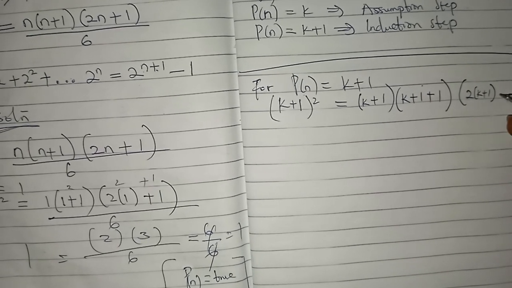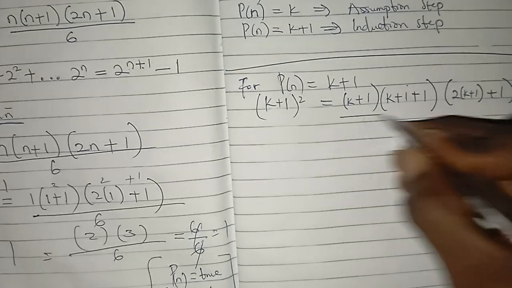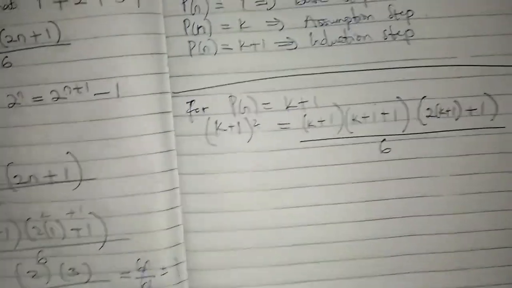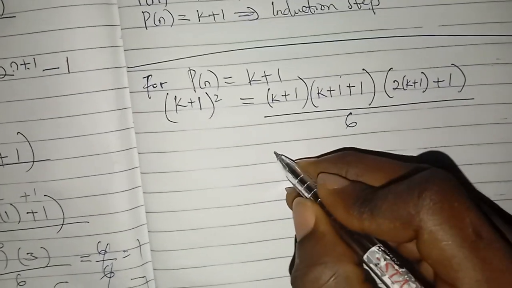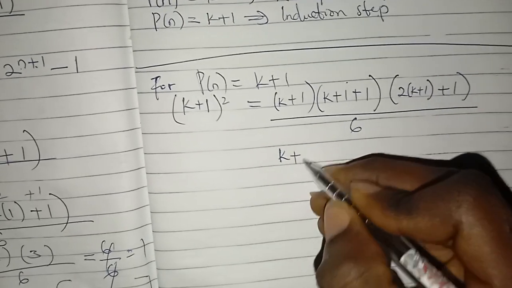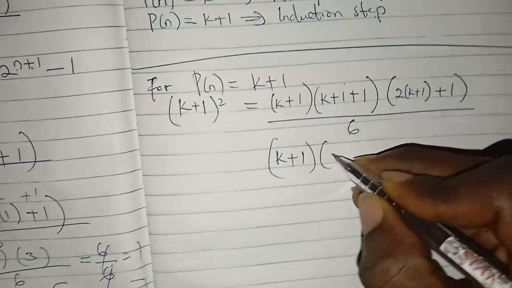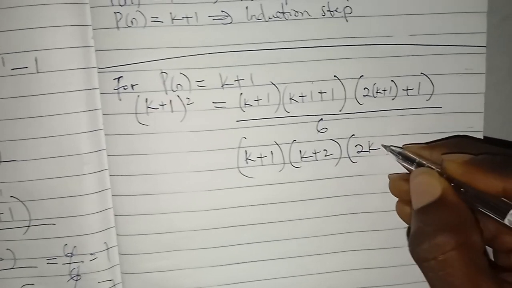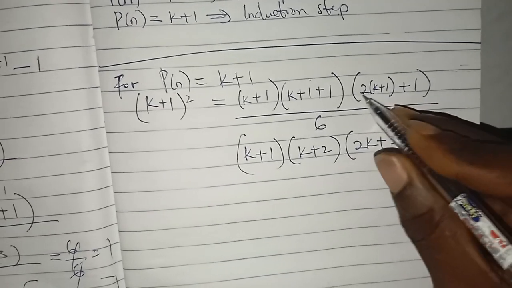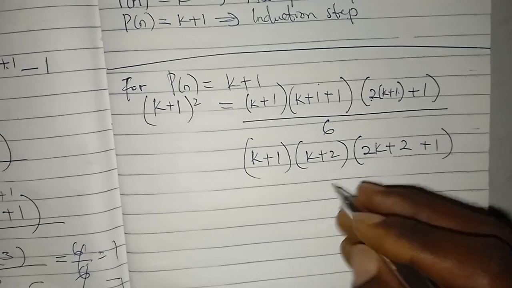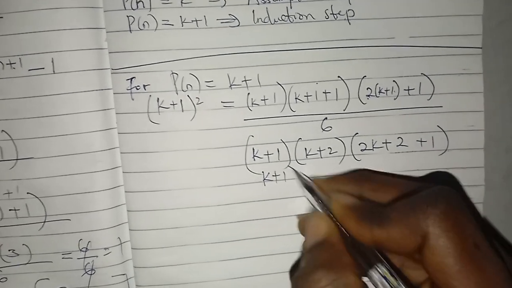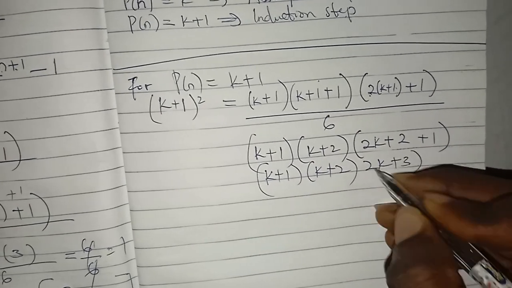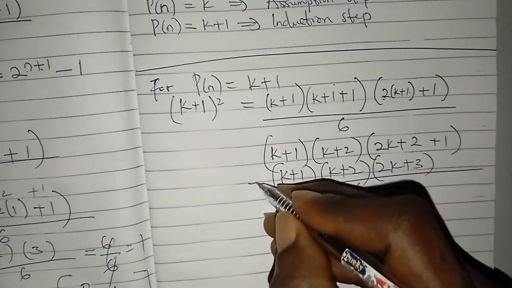You need to be cautious when you have something like this. So now that you have this, notice something. This is the same thing as saying k plus 1 into k plus 2 into 2k plus 2 plus 1. This is the same thing as saying k plus 1, k plus 2, 2k plus 3, divided by 6.